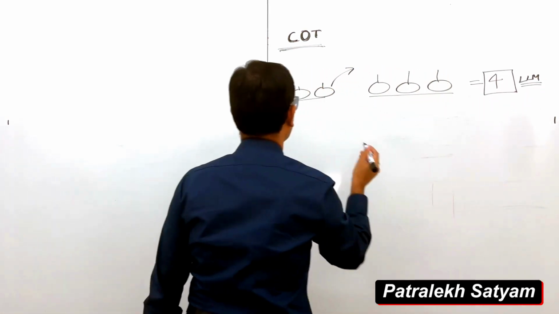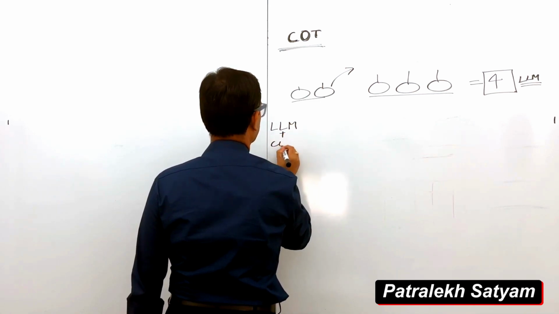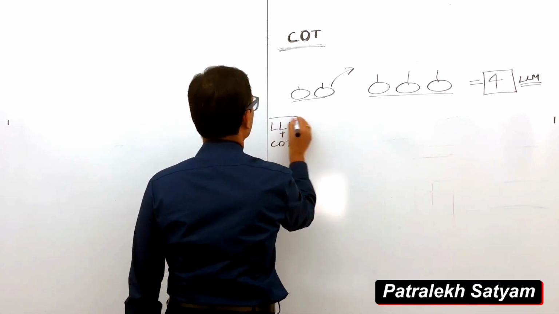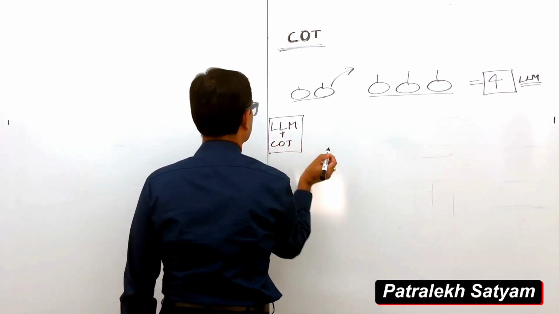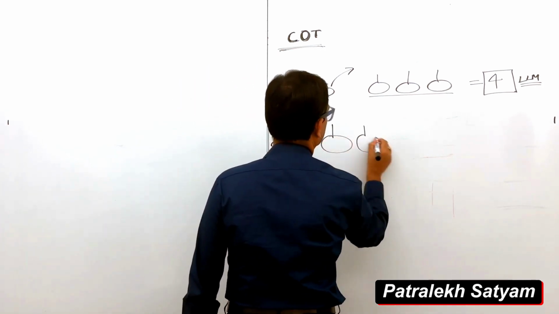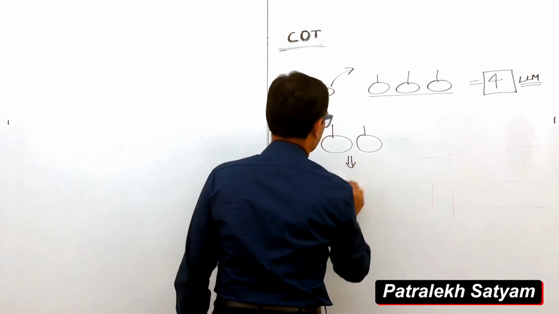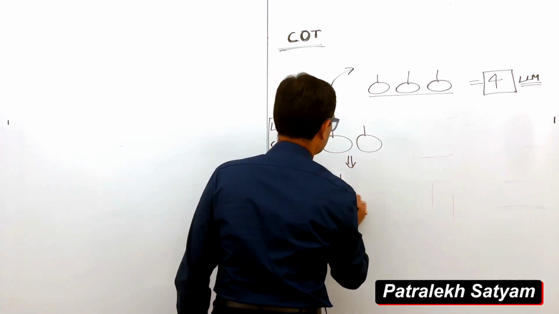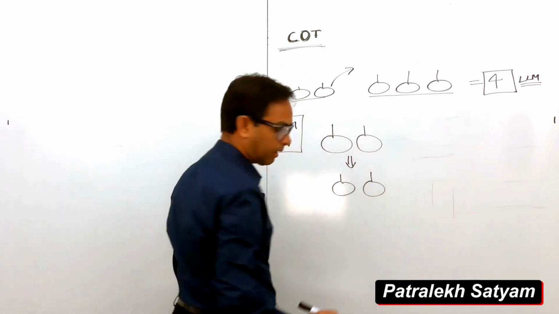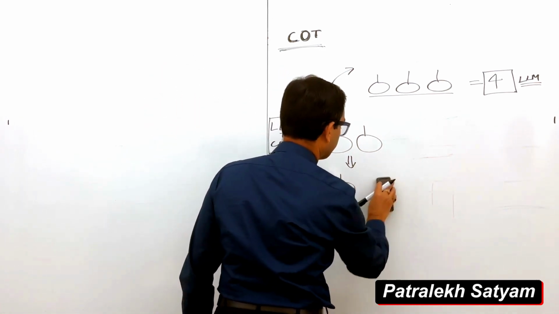Now, when we use an LLM with CoT, chain of thoughts, what it will do is give you all the steps. So it will say, you had 2 apples. Then in the next step, you took away 1 apple. So this apple is given away.